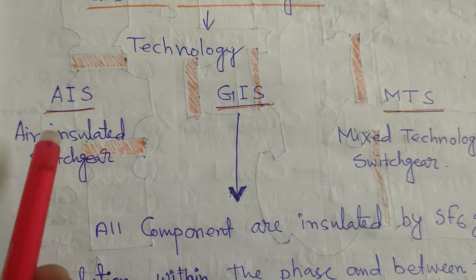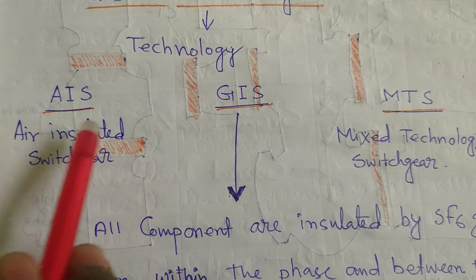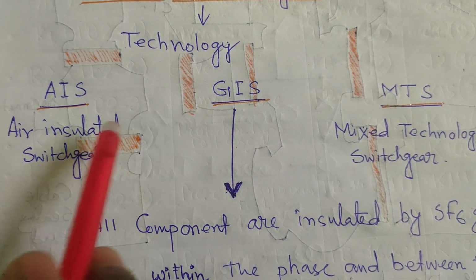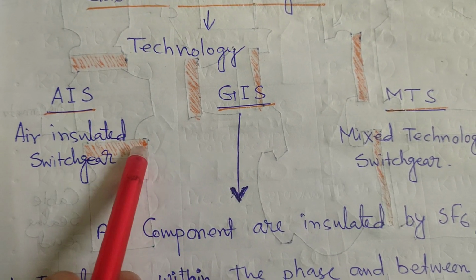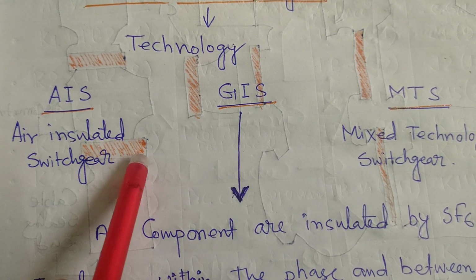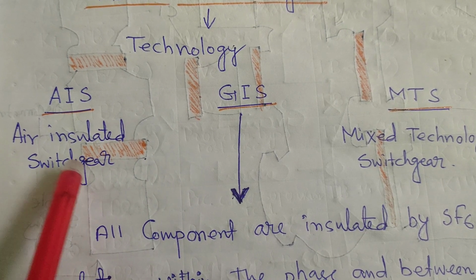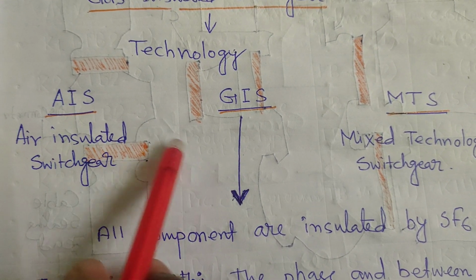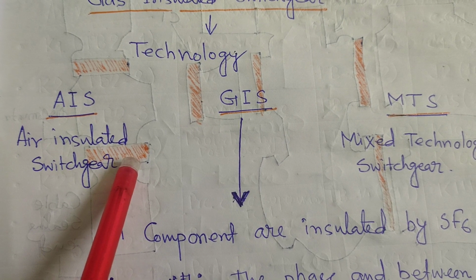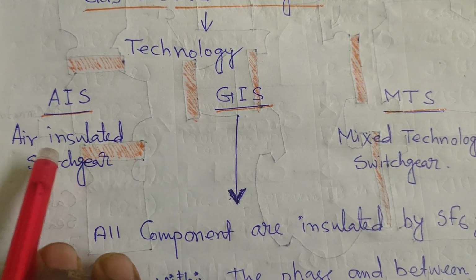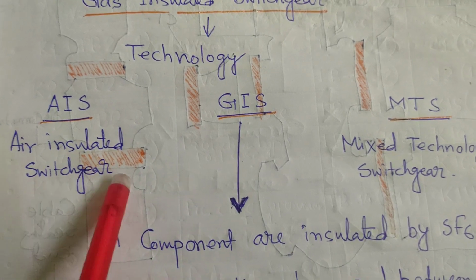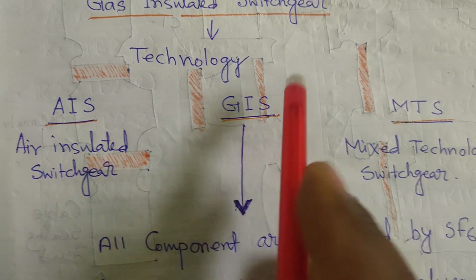So, in the case of the AIS substation, the air insulated switchgear substation, the circuit breaker, CT, bushings, and isolators are all insulated from phase to phase, and between phases the insulation is air. That's why it's called the air insulated switchgear substation.